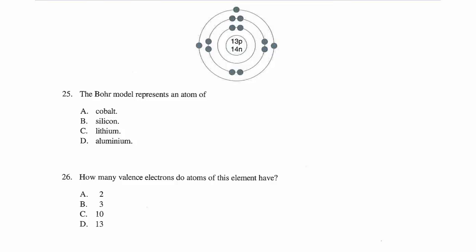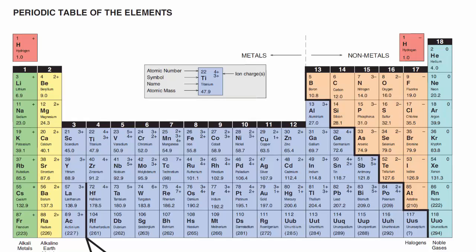So if you take a look at number 25, the Bohr model shown here represents an atom of, well, what I would do is I would look at this. In the nucleus, you see 13 protons. And if you look at your periodic table, you're going to see that 13 protons is aluminum.